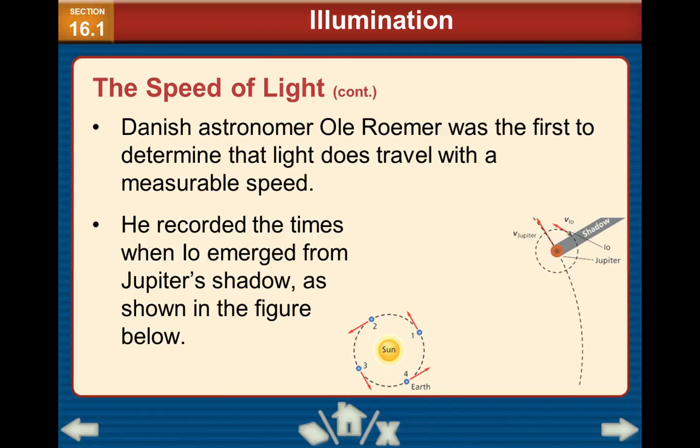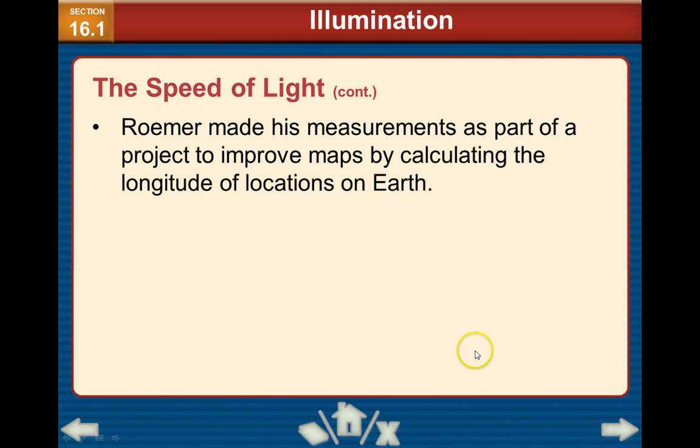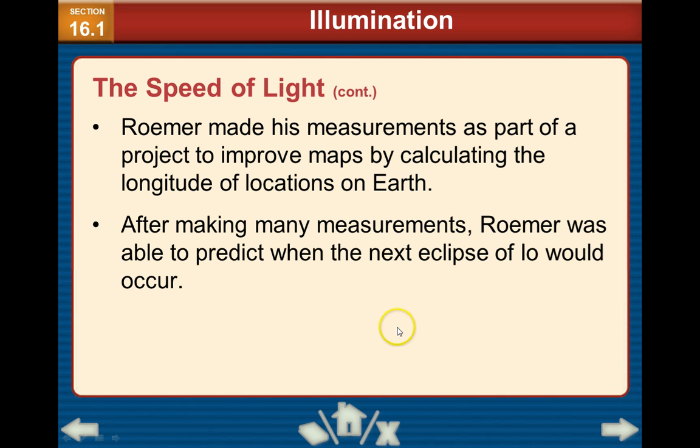And he attributed that to the fact that the Earth is moving around the Sun, and sometimes the Earth is moving away from Jupiter, and sometimes it's moving towards Jupiter. If we're moving away from Jupiter, it's going to have one speed. Towards Jupiter, it's going to have a shorter one. And he attributed that to the fact that the light bouncing off of the moon and getting back has something to do with it.